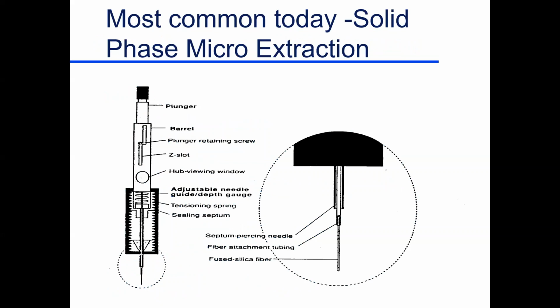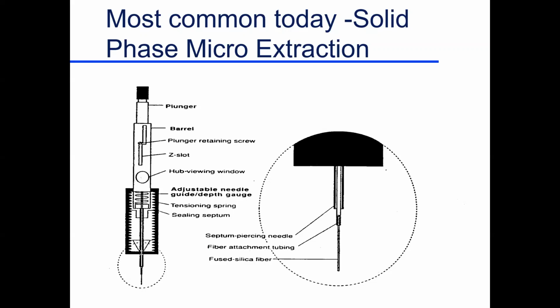Solid phase microextraction, which is what was on the previous slide, is one of the most common methodologies used today. And this is kind of a funny looking syringe. The top of this apparatus is about that high, and you can push this plunger down, and that pushes out a little glass filament.